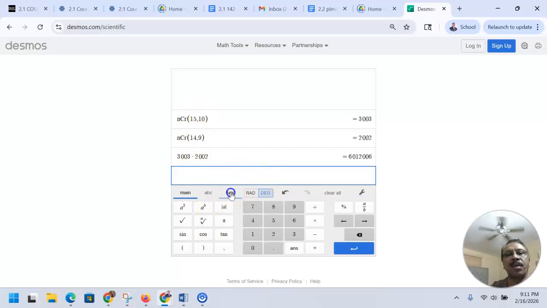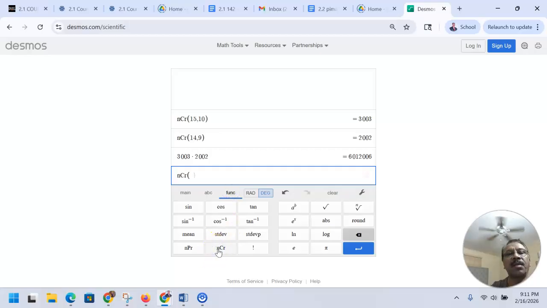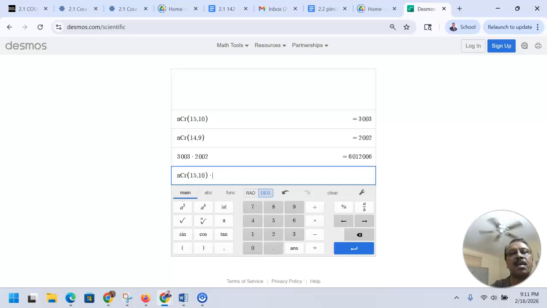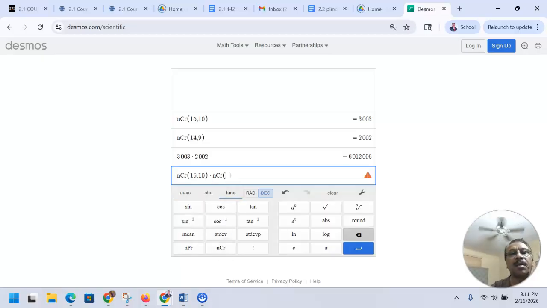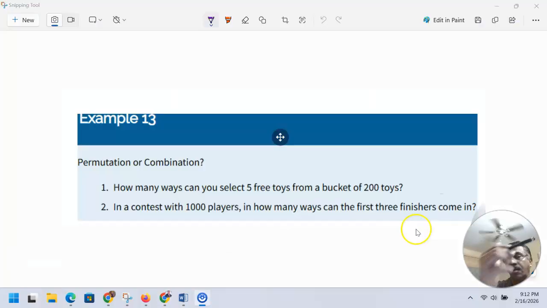You can use the nCr function, type in 15, comma 10, and then multiply. Then go to the function again and put 14, comma 9. You get the same answer, so this is also correct. Just as you get used to this, you will understand. The more problems we do, the better we understand, right?